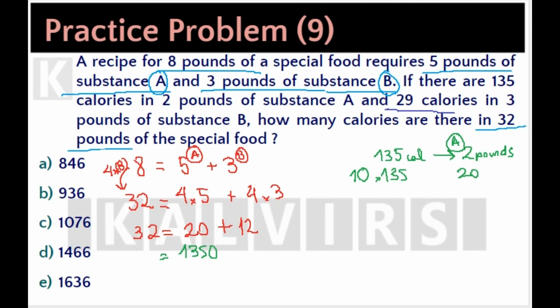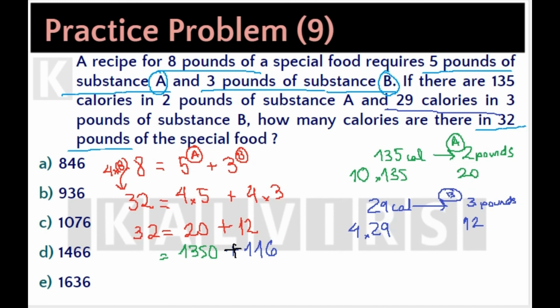Now, if there are 29 calories in 3 pounds of B, then there must be 29 times 4 calories in 12 pounds of B, which is 116.